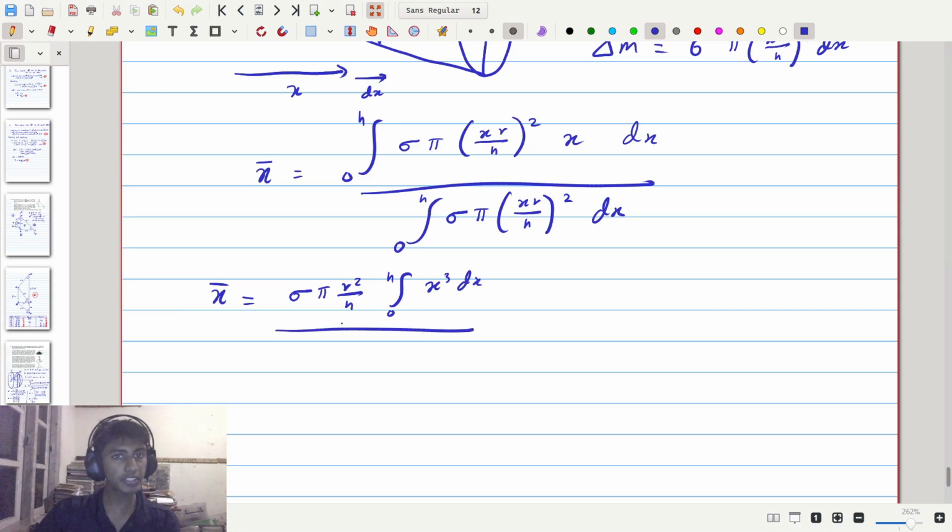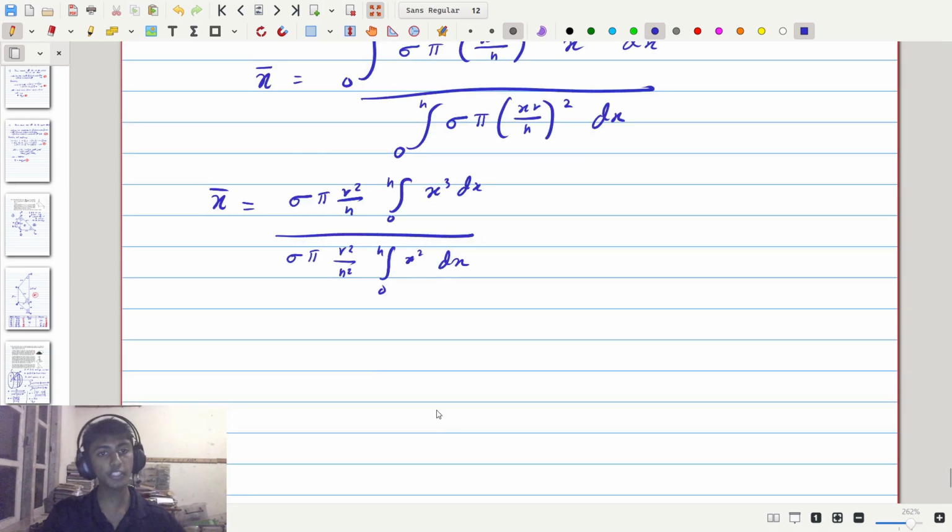For the bottom integral, we also have sigma pi r squared over h squared as the constant, and what's left over is x squared integrated with respect to x, so the integral from 0 to h of x squared dx.